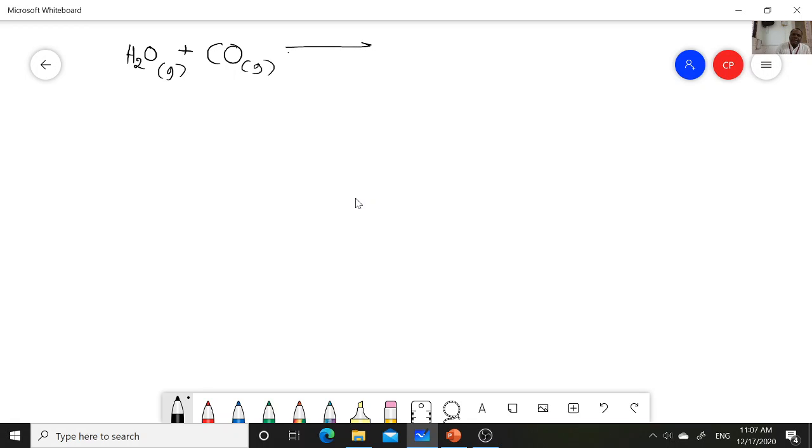At higher temperature, there is a formation of H2 in the gaseous form plus carbon dioxide in the gaseous form. The reaction is stoichiometrically perfect. Stoichiometrically perfect means the number of moles of reactant molecules taking part in the reaction is equal to the number of moles of products they are forming, right?